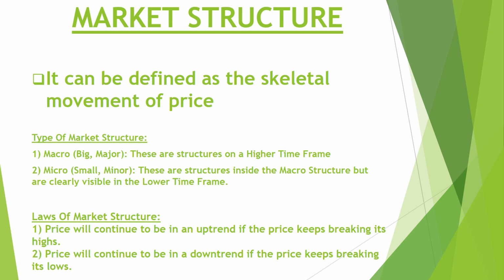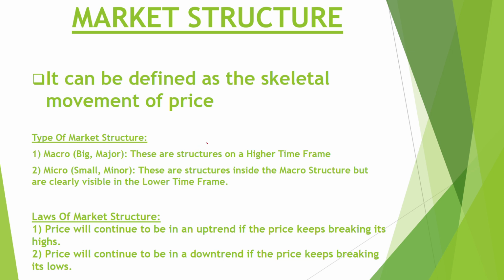So if they are already on a buy or a sell on the major structure, they will be like, should I take my trade from this point or from this point? Let me give you an illustration.